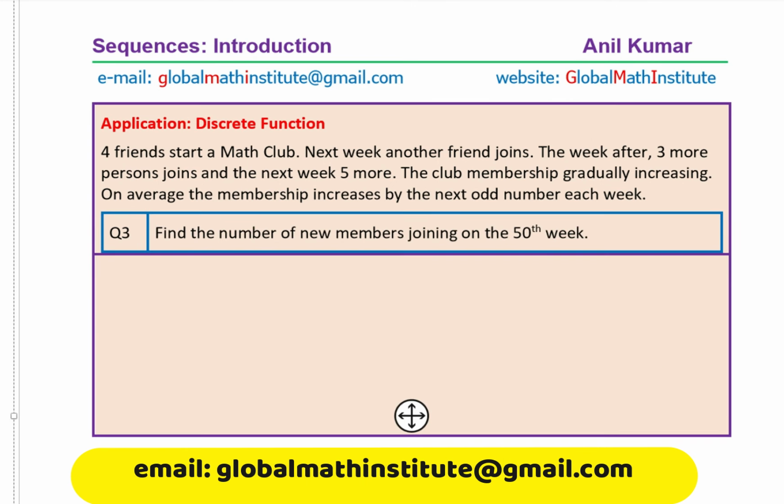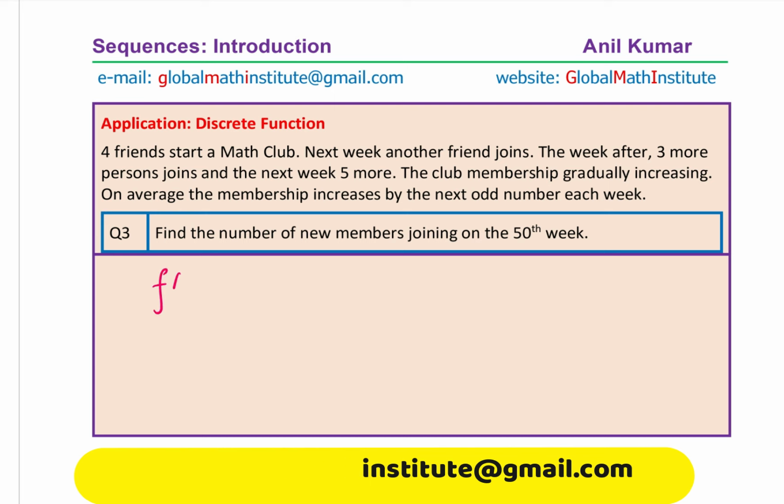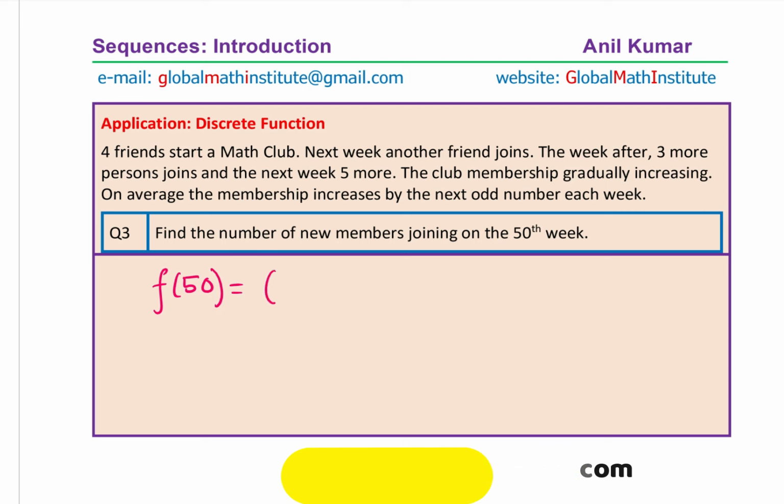Now let's look into part 3 of this question, which is find the number of new members joining on the 50th week. Well, on the 50th week, I'll just plug in 50 in this equation, which was x is 50, right? So (50 minus 1) whole squared plus 4, which will be 49 squared plus 4.